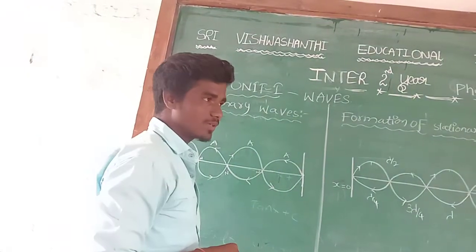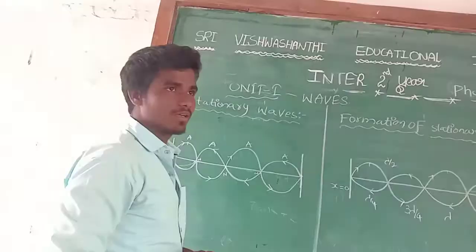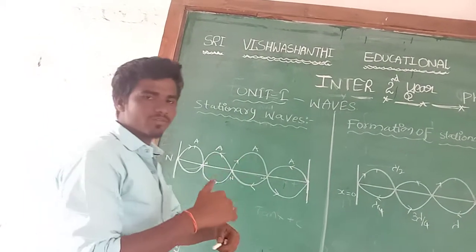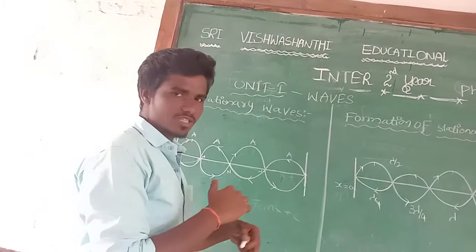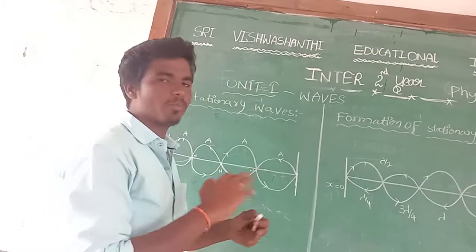Stationary waves are formed by the superposition of two transverse waves, or progressive waves, traveling in opposite directions. Transverse waves are progressive waves.